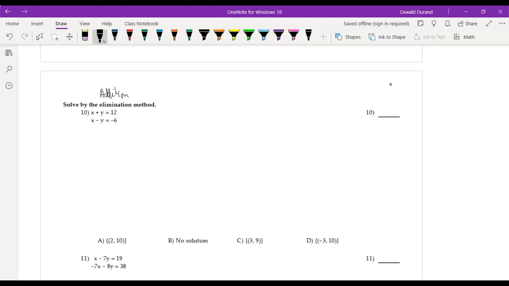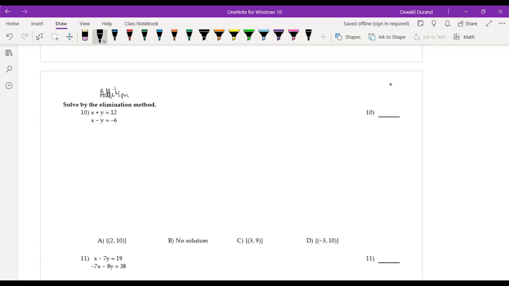It's perfect for this concept. Basically, the elimination method is when you're adding the two equations in the system vertically. So I need to add the two equations vertically.